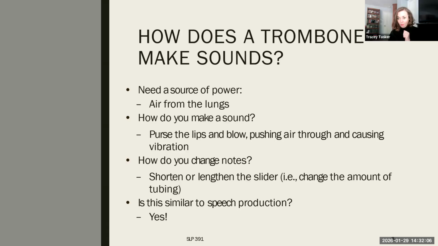From low, low, low to lower. Similarly, when we are making sounds, we are changing, almost like sliding, the tract to go from either low to high or high to low, especially when we're talking about vowels. So it is very similar to speech production when we're comparing these types of musical instruments to how our vocal tract works.